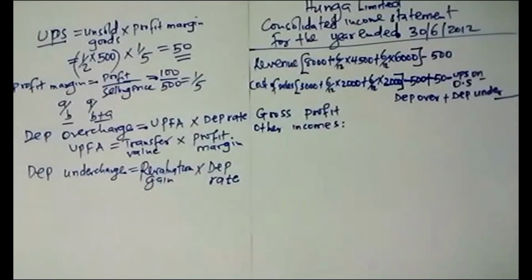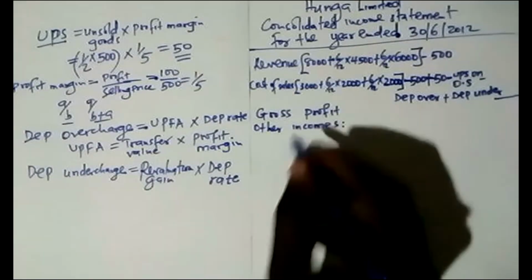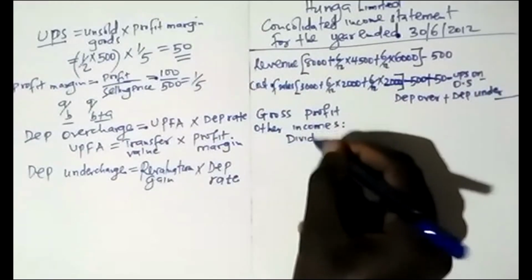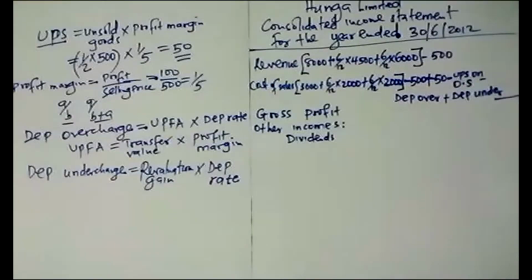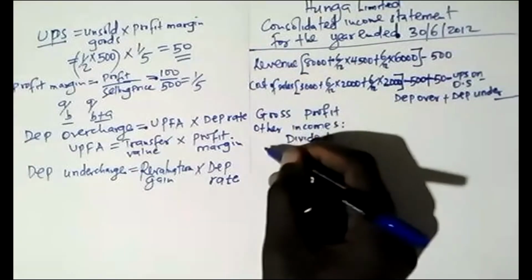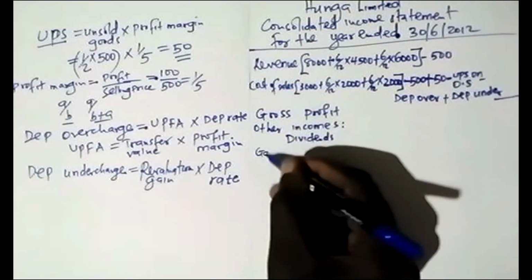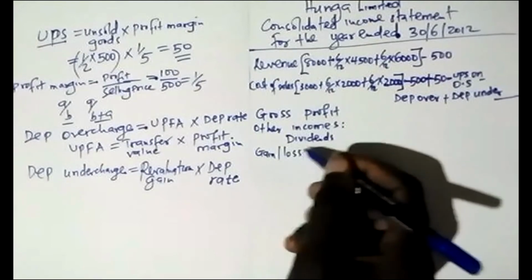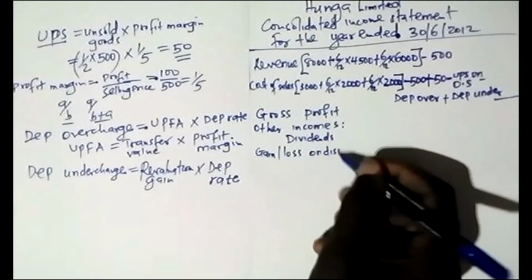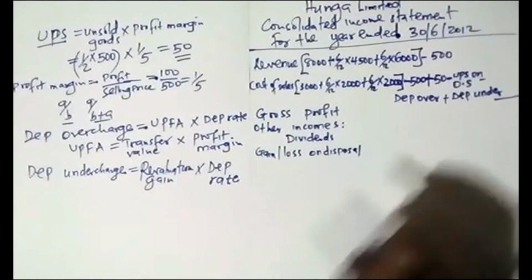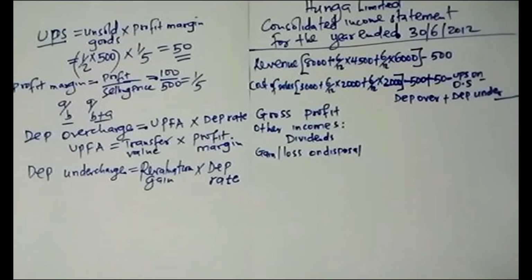So I can see in the question, you are given dividends and you are given gain on disposal, but this one can be a gain or loss on disposal. So this one is direct from the question.